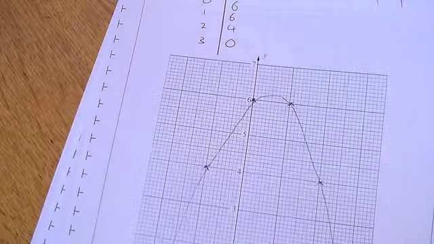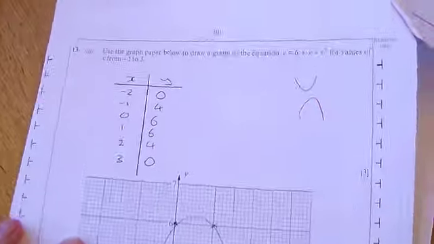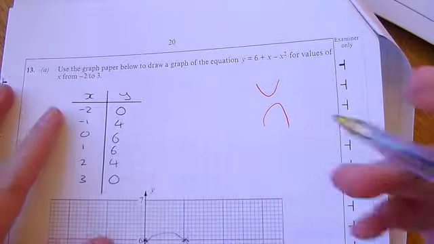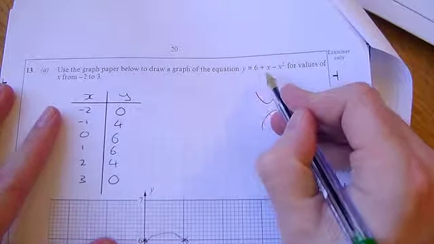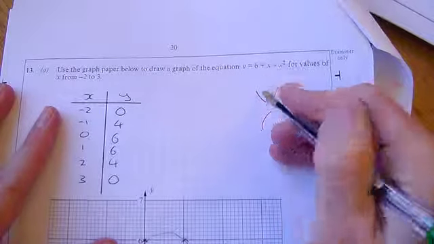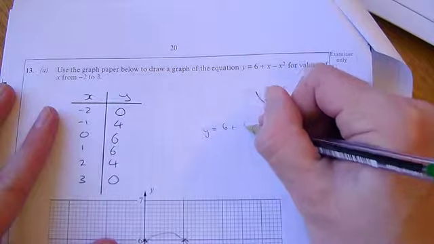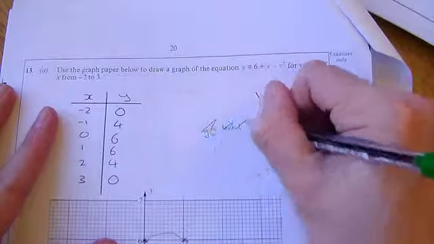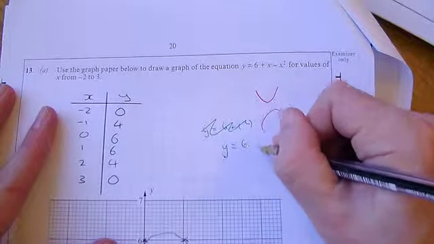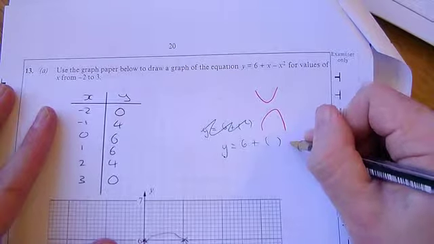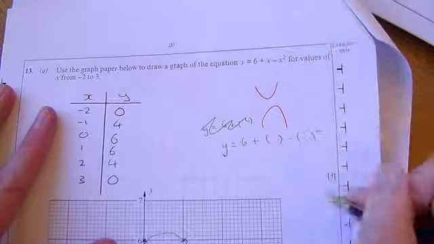Can I jump in very quickly? So it goes back to what we looked at the start. If you look at the equation right at the start, it says y equals 6 plus x minus x squared. What I did earlier was I changed the x's into open brackets. We'll try and write it just underneath. So y equals 6 plus open brackets minus open brackets squared.